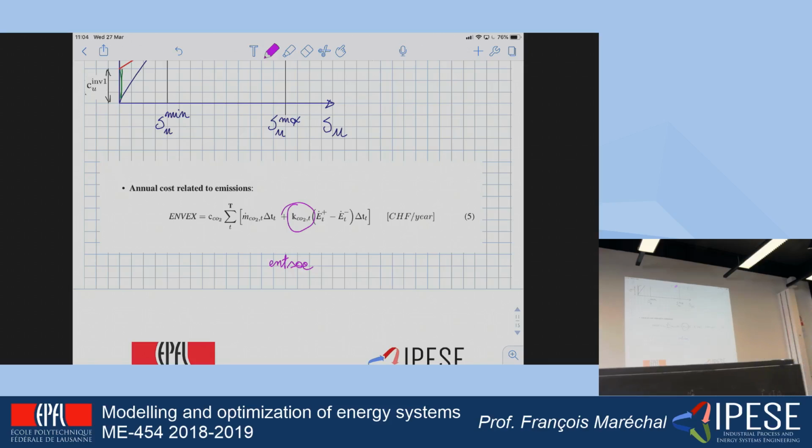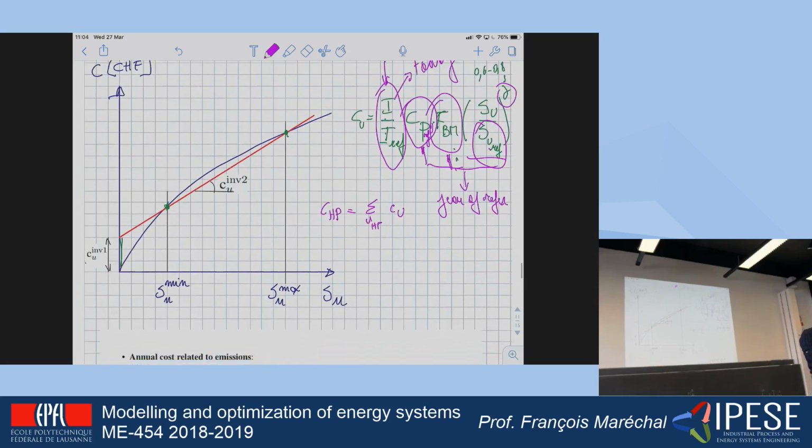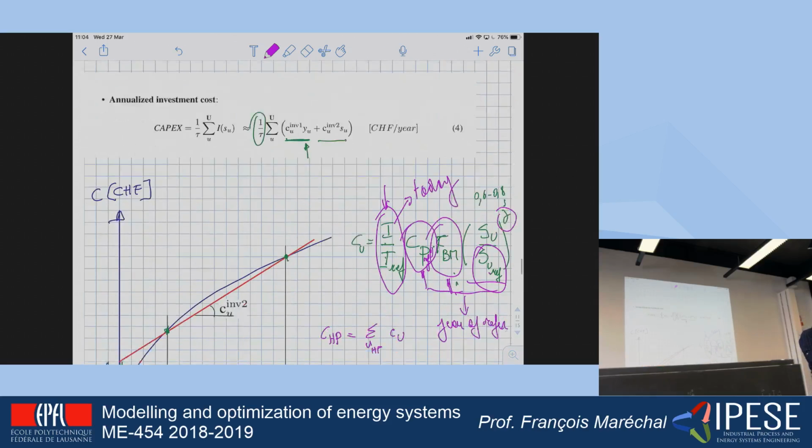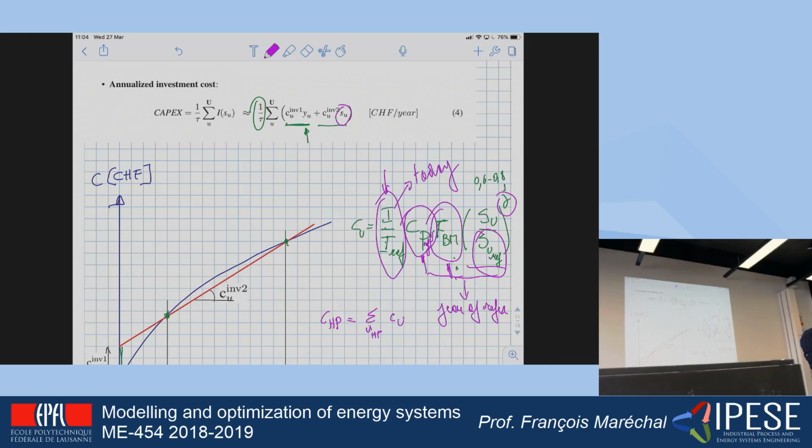In reality, if I want to calculate the total amount of carbon dioxide that is emitted by the system, I will also have to associate something to each of the units, something related to the size of the unit. I would have to consider the amount of carbon dioxide emissions that have been emitted for producing the unit.